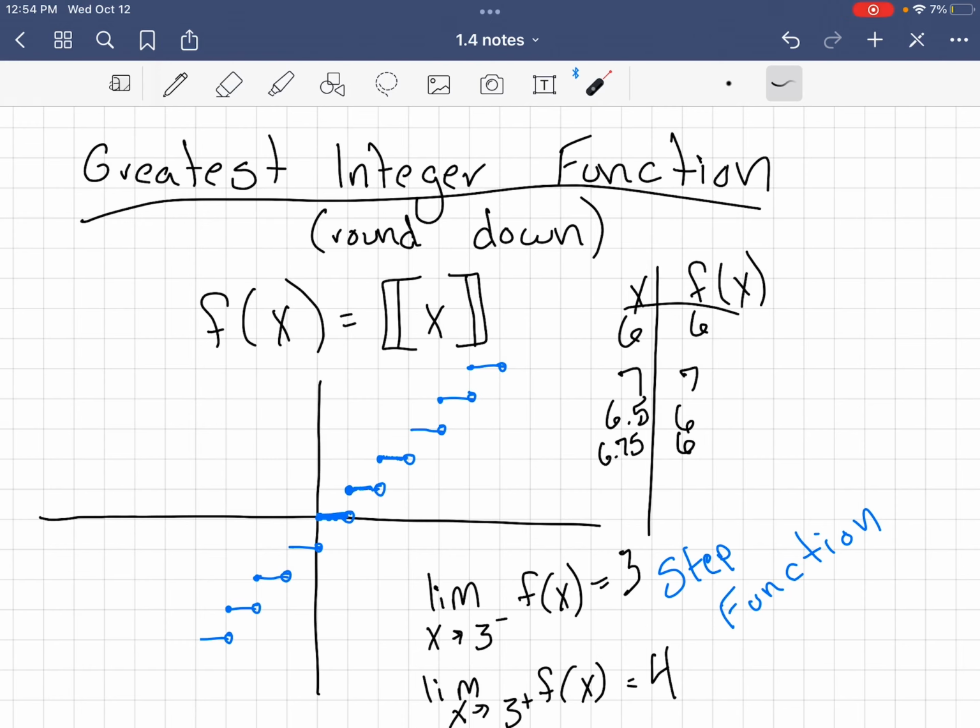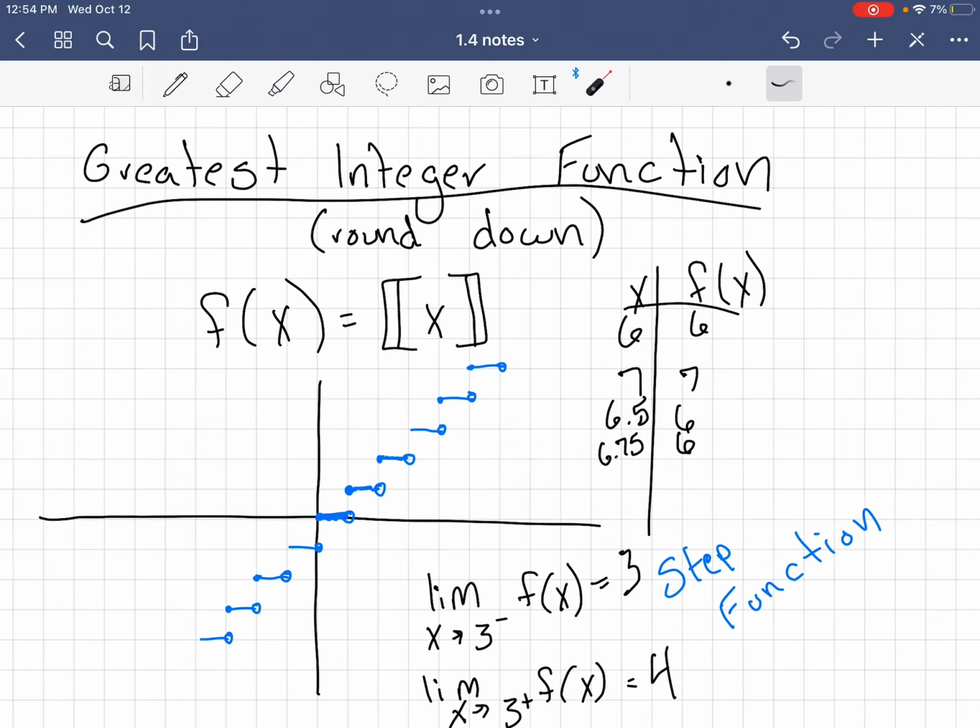So this has a point of discontinuity at every whole number, or every integer, because it's true for the negatives too. So it has a point of discontinuity at 0, 1, 2, 3, 4, 5. It has an infinite number of points of discontinuity. Basically, at any of our integer values, it has a point of discontinuity. So not continuous because of this. The left and right-handed limits are not the same.